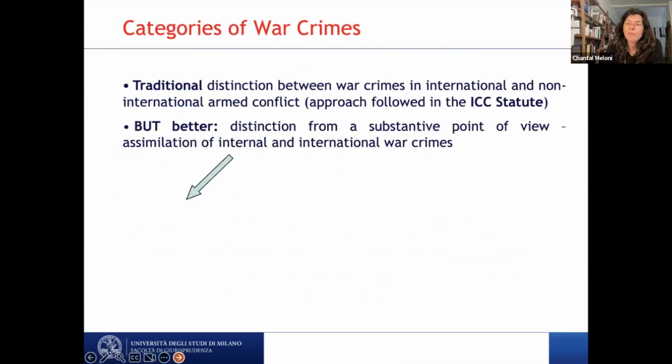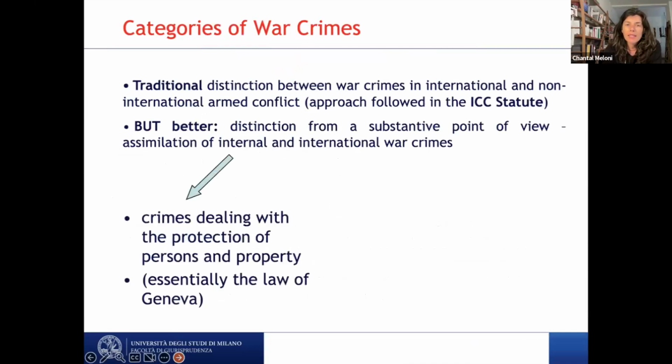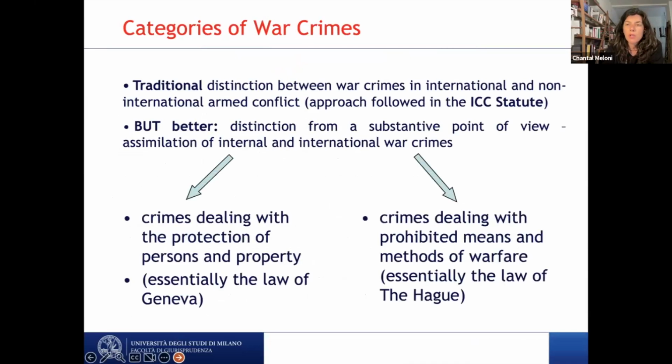That's why, in my opinion, it's much better to distinguish war crimes, not like the Rome Statute does, according to international or non-international conflicts, but according to what is the protected value.